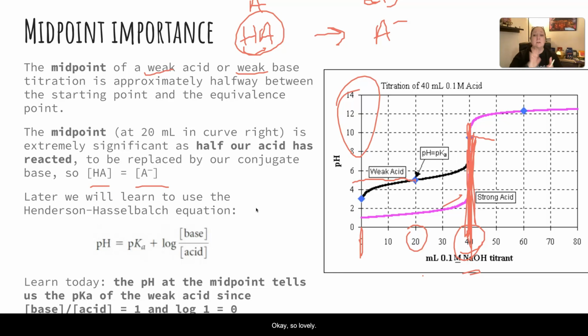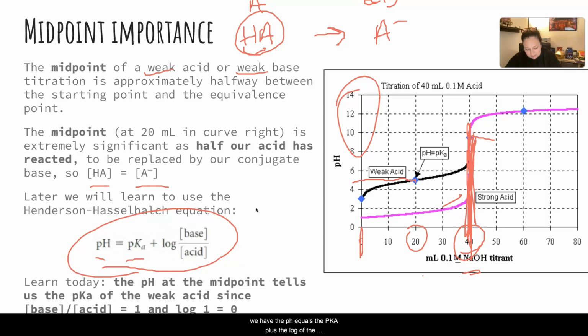Okay? So, lovely. Now, if those two are equal to each other, there's this lovely equation called the Henderson-Hasselbalch, coming up soon in a different video. In this equation, the pH equals the pKa plus the log of the concentration of the base divided by the concentration of the acid. You're like, I hate that equation. I got you, it's okay.